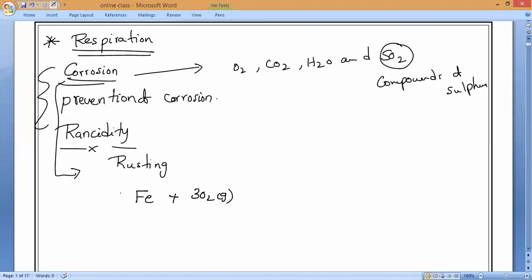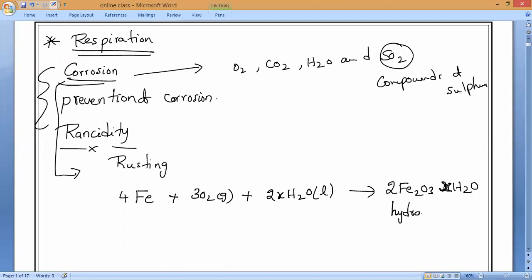It will form iron oxide, which is hydrated. We represent it as Fe2O3.xH2O, where x indicates the number of water molecules. So this is hydrated iron oxide. That is the first thing.